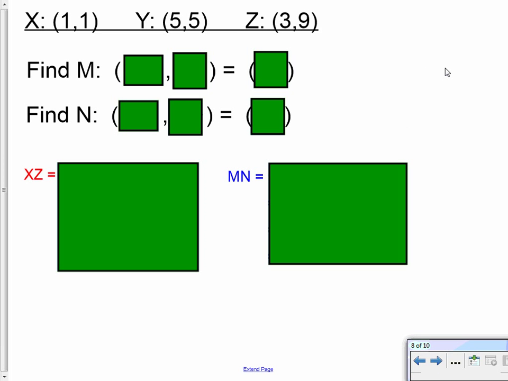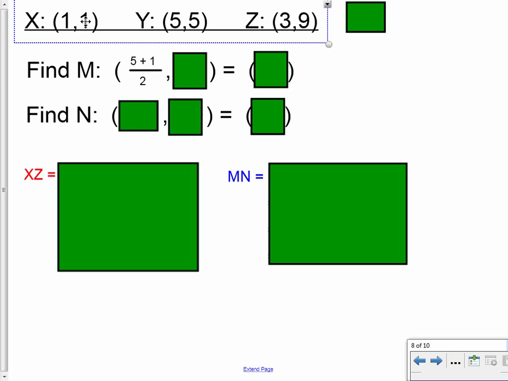So remember, M was a midpoint, and we said that it would be between X and Y. So if we're using X here and Y here, again using our midpoint formula, the X value of it is going to be X2 plus X1 over 2. So 5 plus 1 over 2.